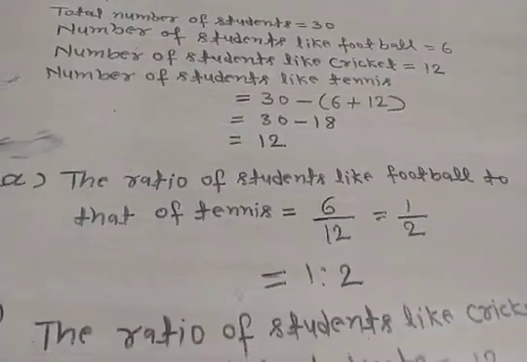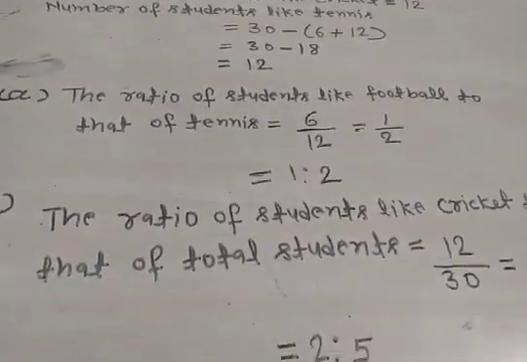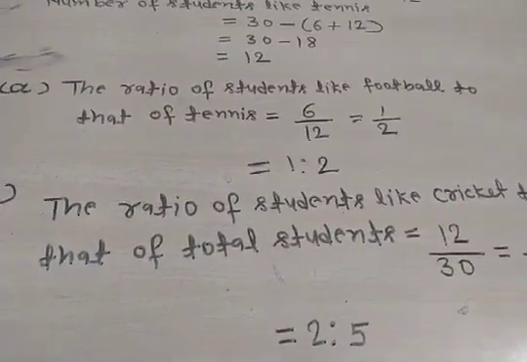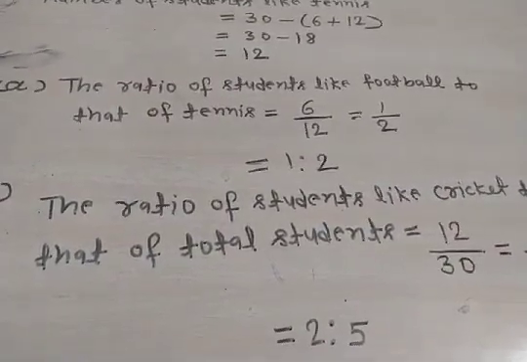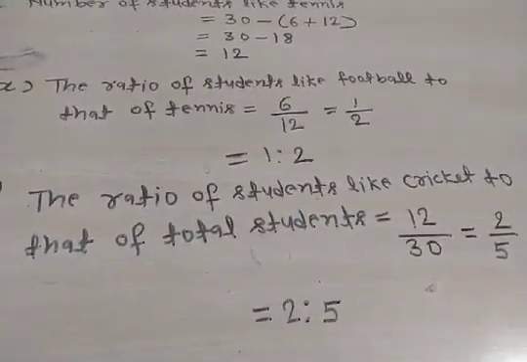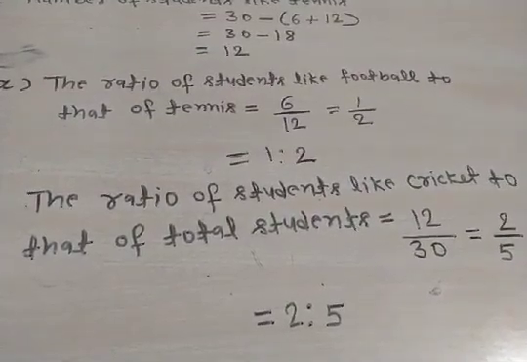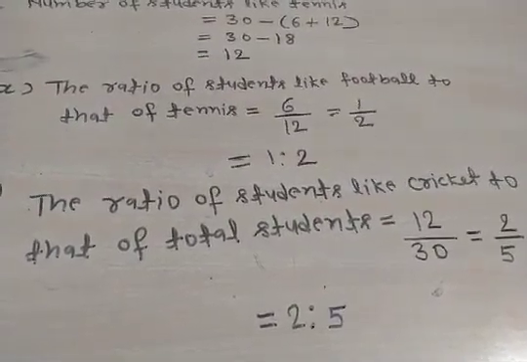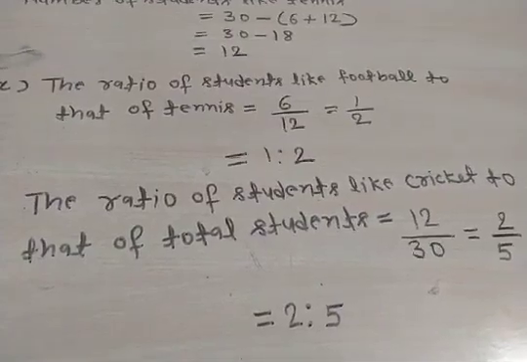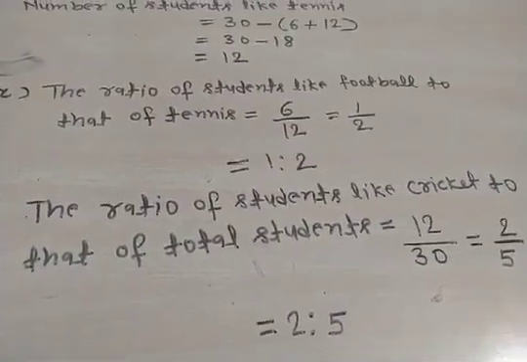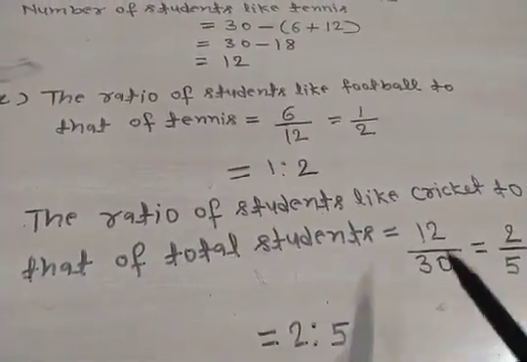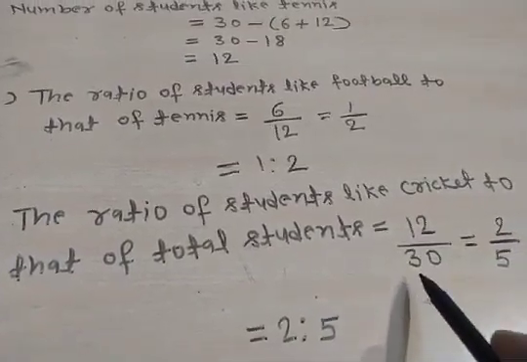And the next part, B part, here we find the number of students who like cricket to total number of students. So the number of students who like cricket is 12, this is given, and the total number of students in the class is 30. Clear? So here 12 by 30. First we simplify it.